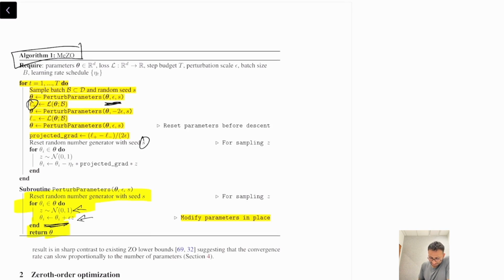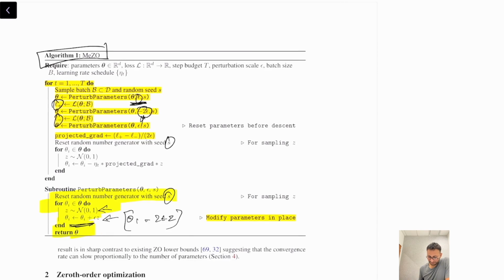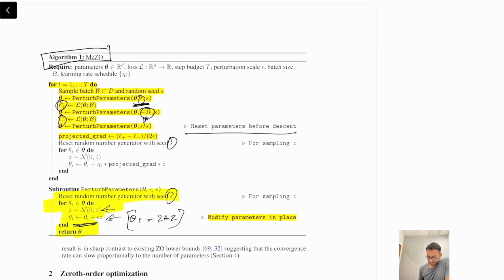So for L plus, you use epsilon. For L minus, we use minus 2 epsilon. So our negative estimate is always towards the left of the positive value in the function. And so this value will become theta i minus 2 epsilon z. That's how L minus is calculated. Now let's talk about this seed function that they really care about in this paper.